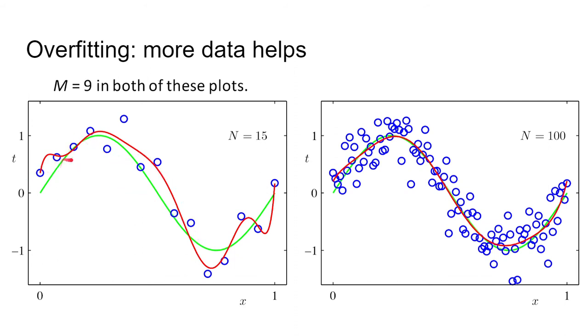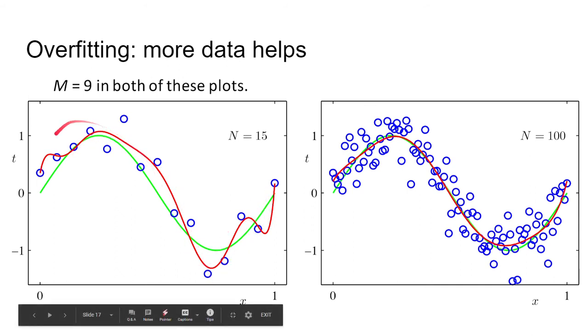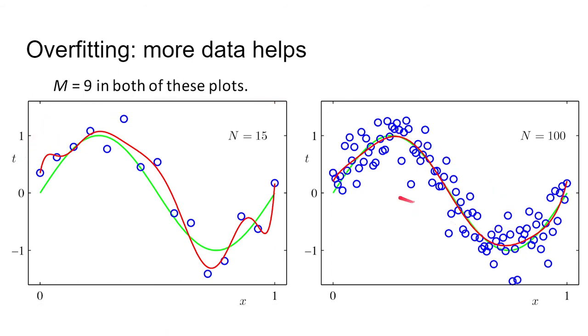It's just, oh, okay, this is the best job I can do of fitting a polynomial of order 9 to these data points. It's going to do something like that. If I give it more data points, I get something that's much closer to my green line. Again, the way we're getting these data points is we have some underlying green line. We're sampling from that green line and then adding random noise.